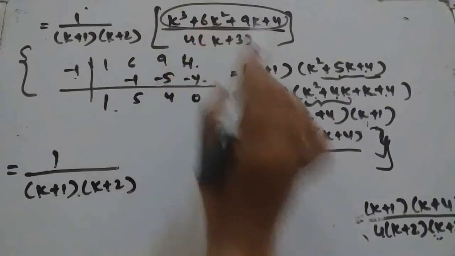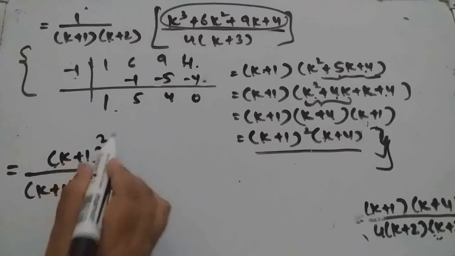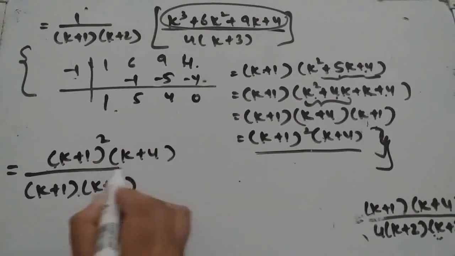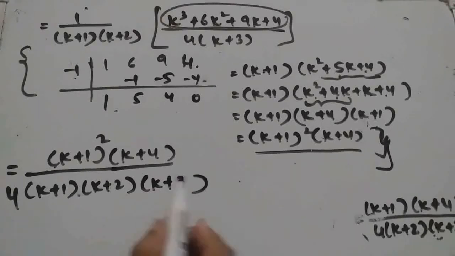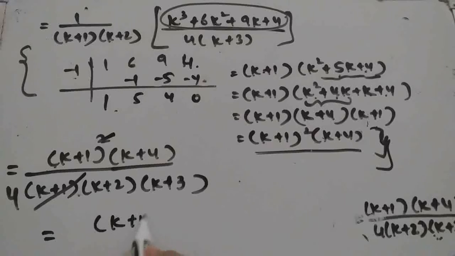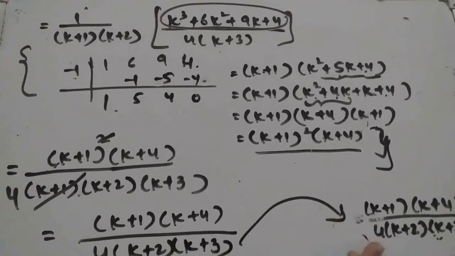Now numerator I can write this, that is k plus 1 square into k plus 4. Denominator 4 is also there and k plus 3 is also there. See, one bracket will go. So answer will be k plus 1, k plus 4 divided by 4 times k plus 2, k plus 3, which is nothing but RHS.